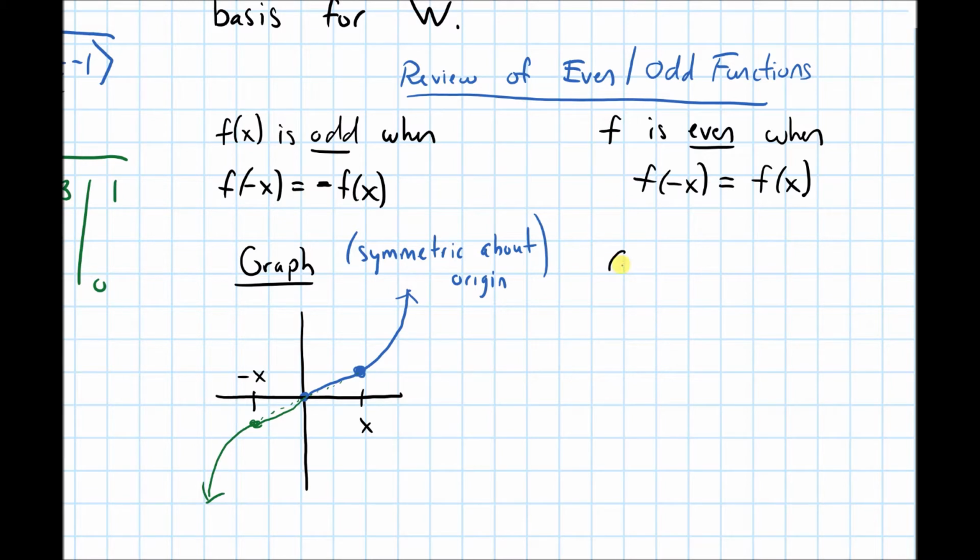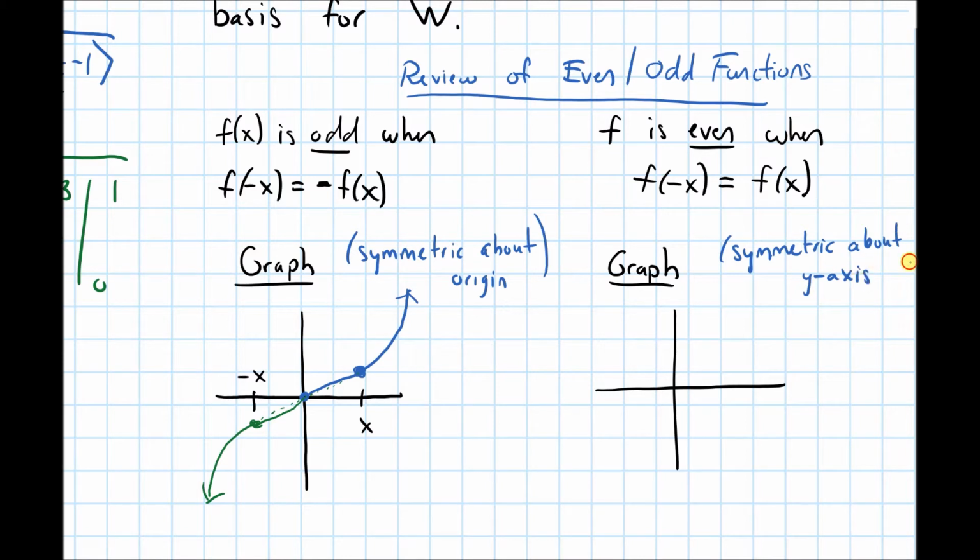On the flip side, with even functions, if I draw an xy axis, these are symmetric about the y-axis. Something that's symmetric about the y-axis might look something like this, and then I draw the mirror image on the other side of the y-axis.